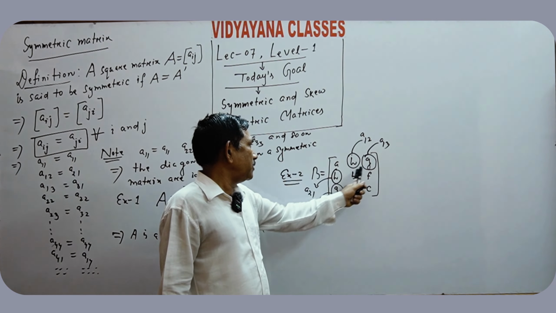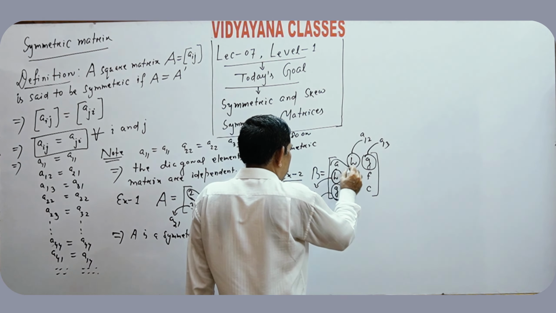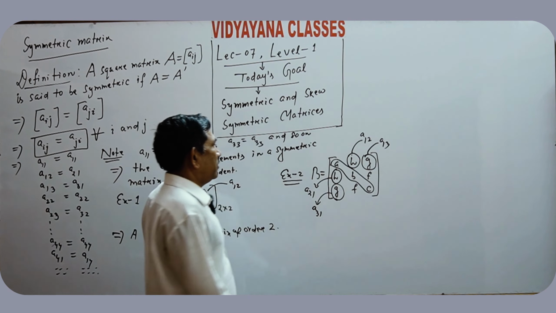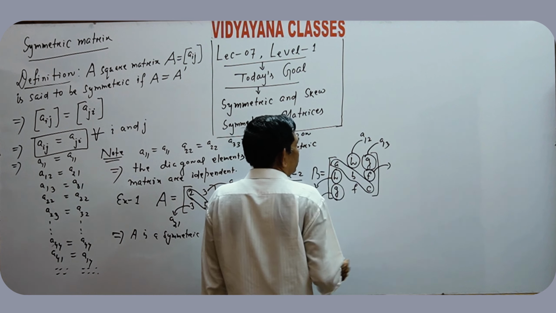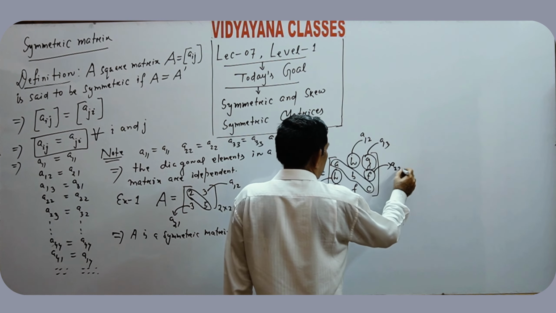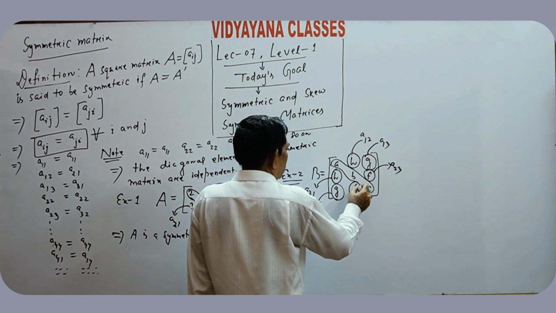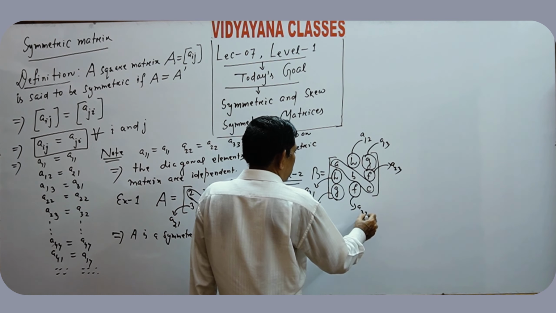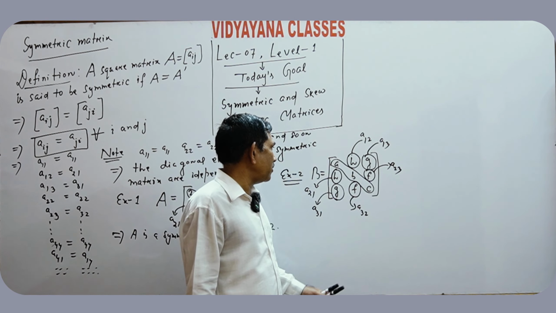The diagonal element, we can take any element in the diagonal. The element of second row and third column is same as A32, the element of third row and second column.